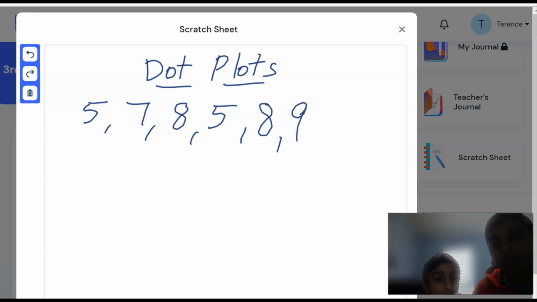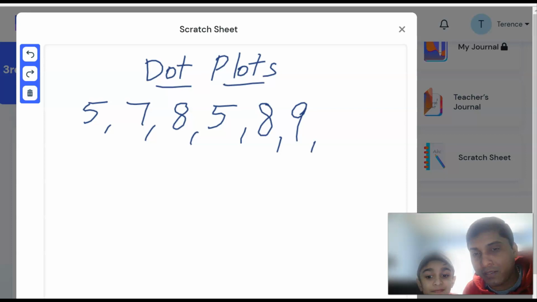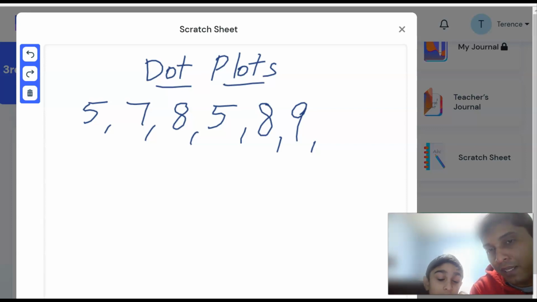Now this is the understanding of a plot. Each time you are doing something, we are calculating that. The first time it was 5 miles per hour, 7, 8, 5, 8. Now let's say the last time you did again, this time you went with 8 miles per hour again.